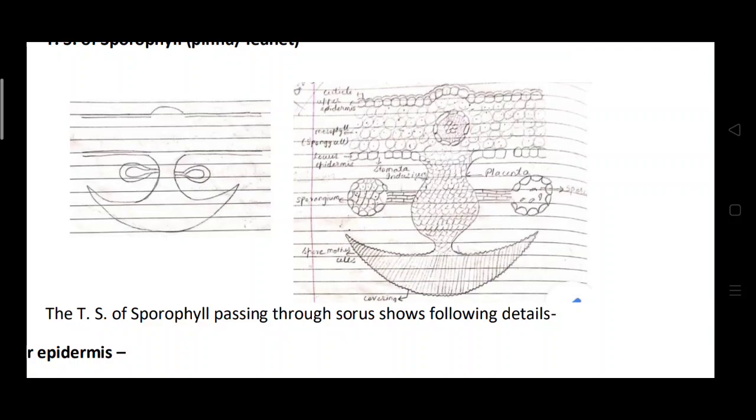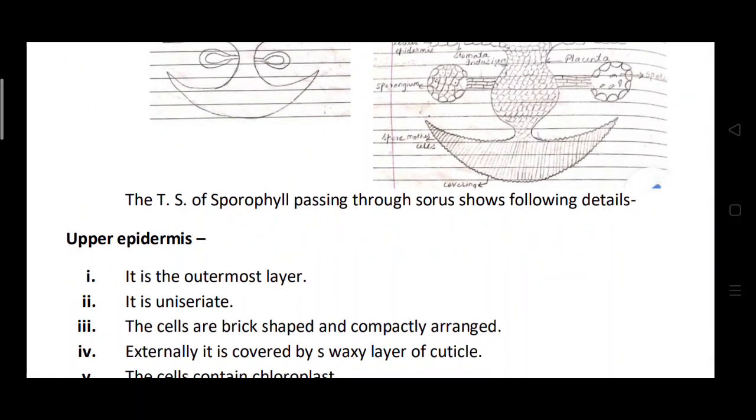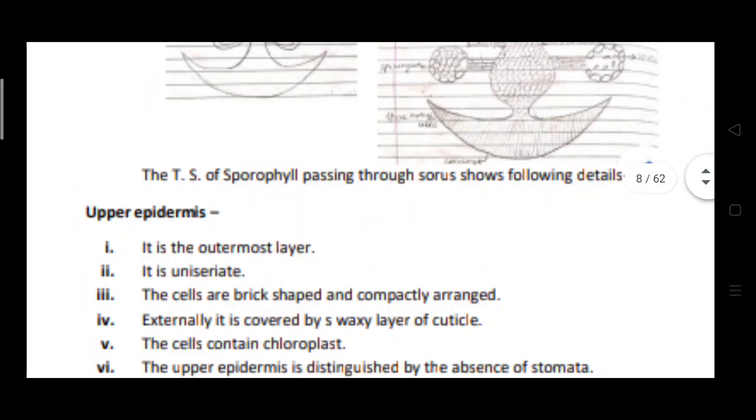Then the placenta is present, and on the placenta the indusium is present, and this indusium bears the sporangium. The sporangium contains the spores, and at the base there are coverings which cover the sporangium.